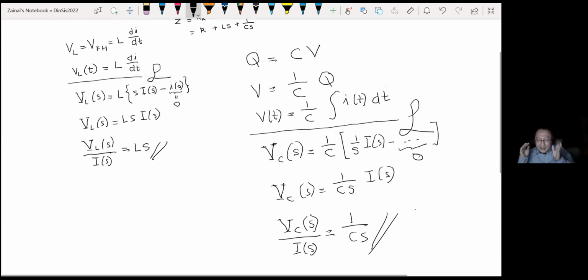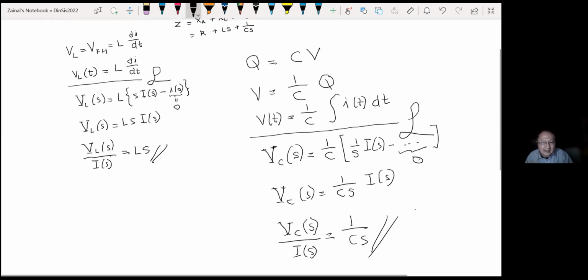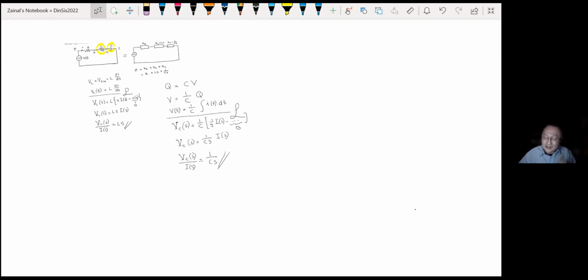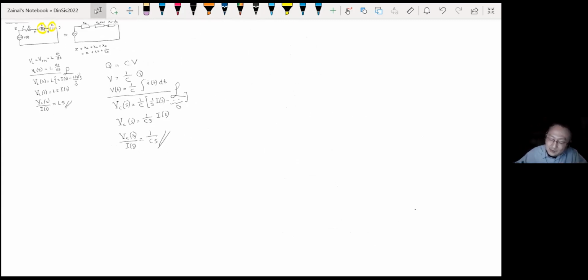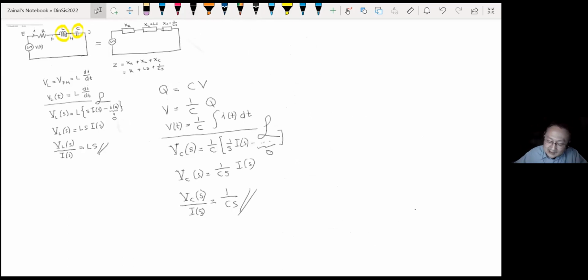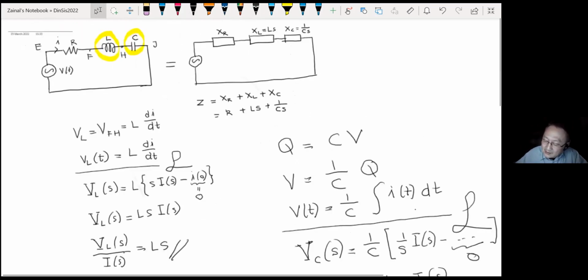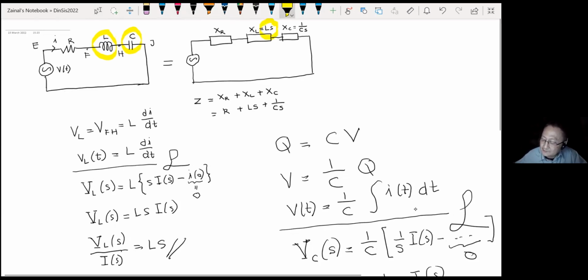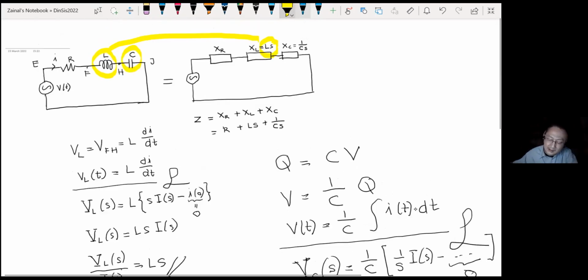So in essence, it's very simple. If you have an inductance, just replace the inductance with this one. Just replace the capacitor.